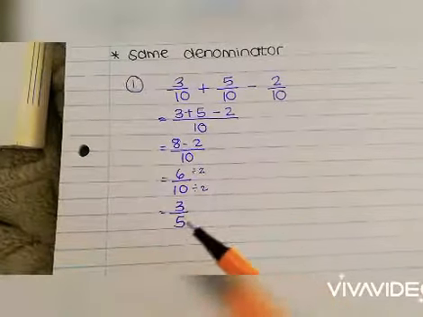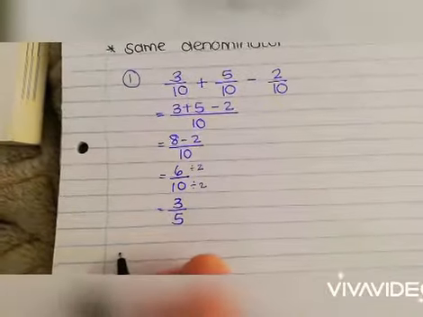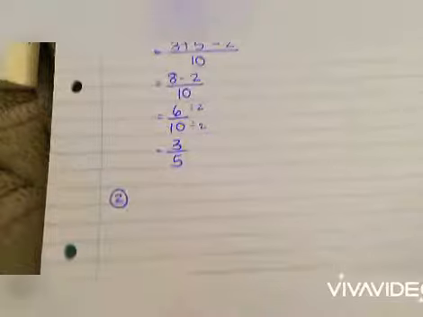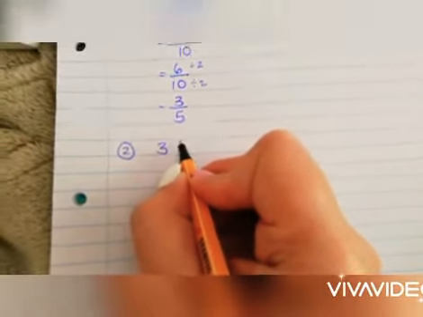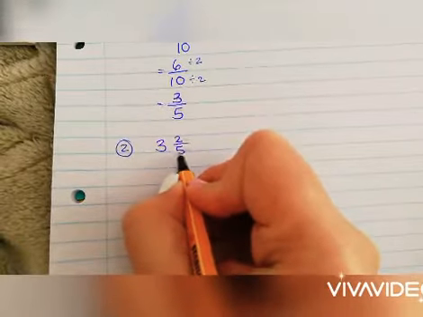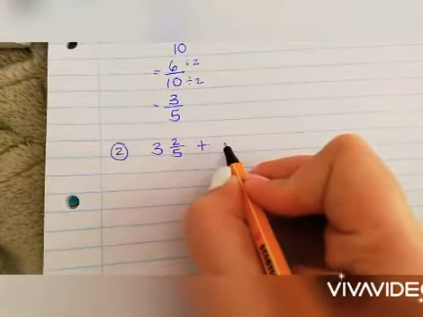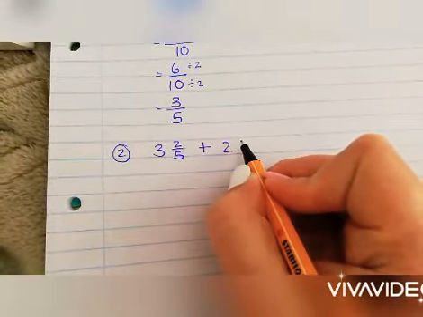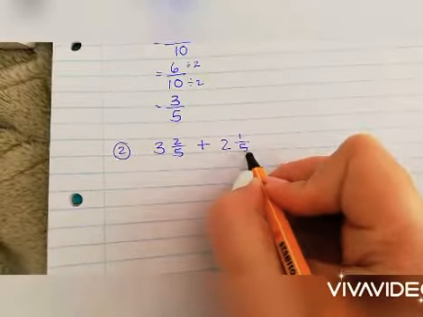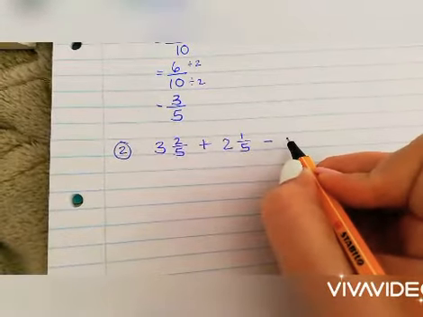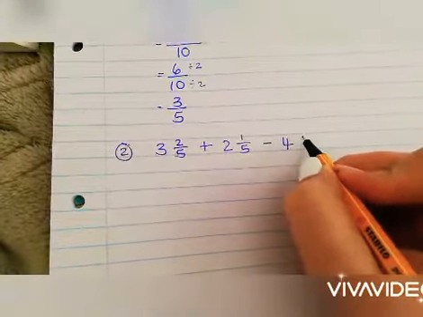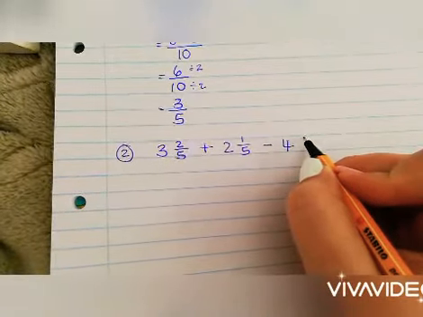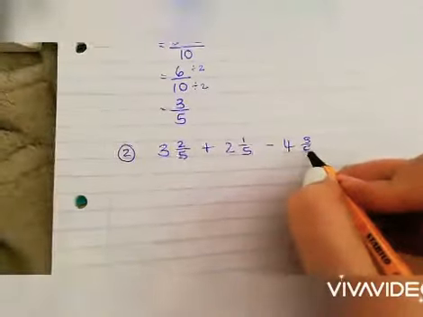It's actually one of the easier ones. And then I just want to show you if you get a mixed number to calculate. So if you get 3 and 2 over 5 plus 2 and 1 over 5 minus, I don't know, 4 and 3 over 5.